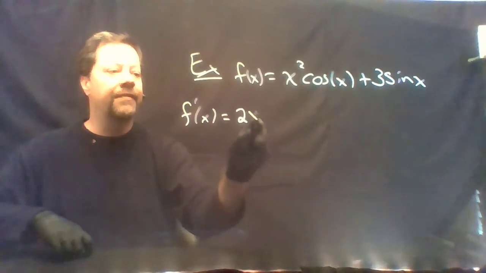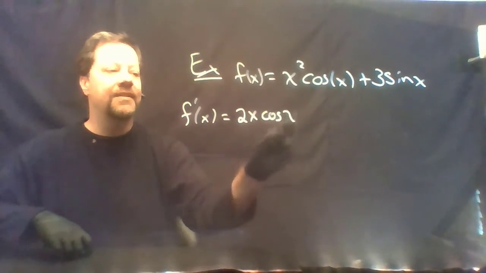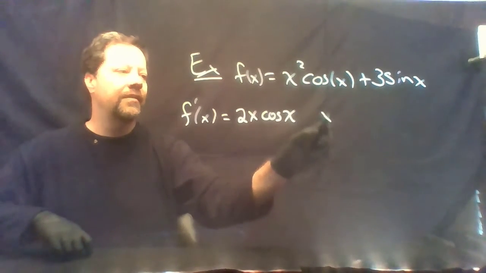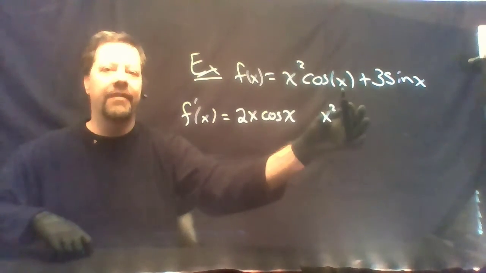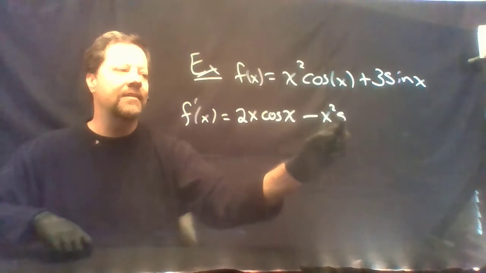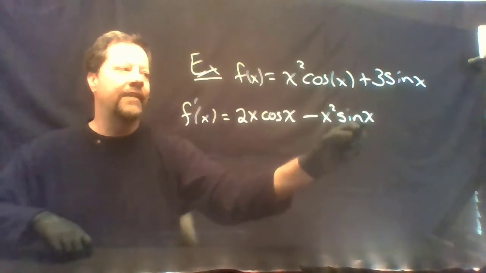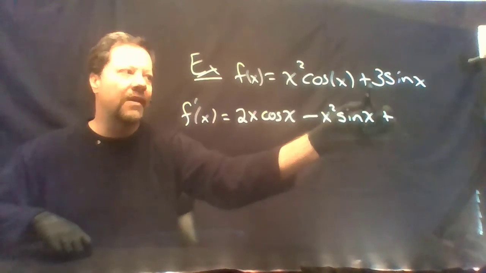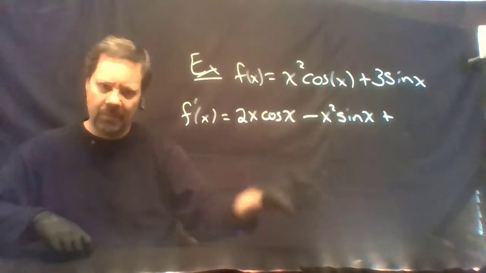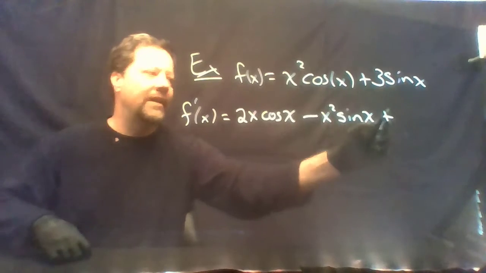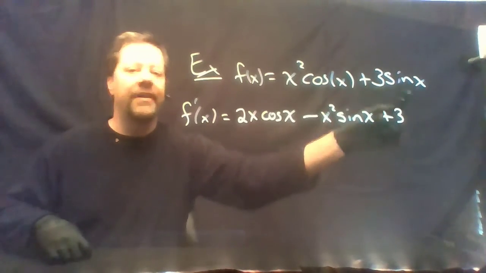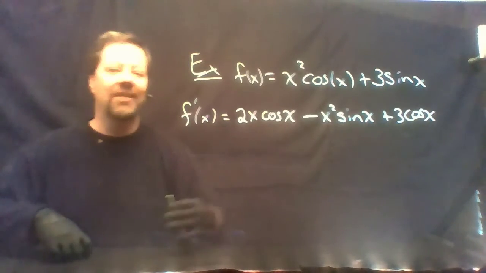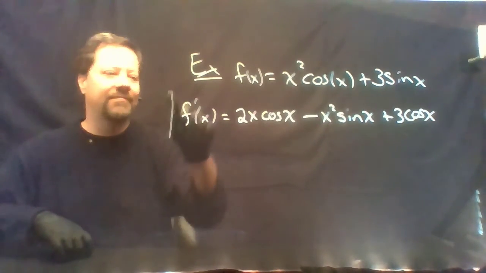The derivative of the first times the second left alone plus the first times the derivative of the second, which is minus sine of x. And then in the derivative of the second term, the constant factor of 3 pulls out of the derivative process. We get 3 times the derivative of sine x, but that's just cosine x. And so we're done.